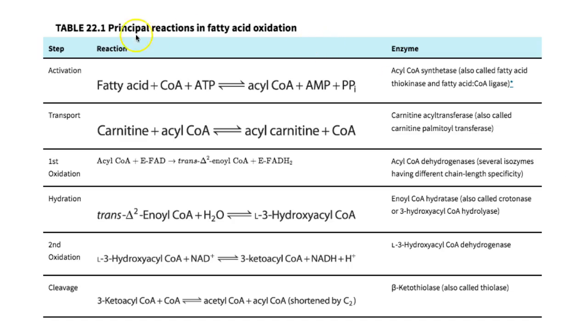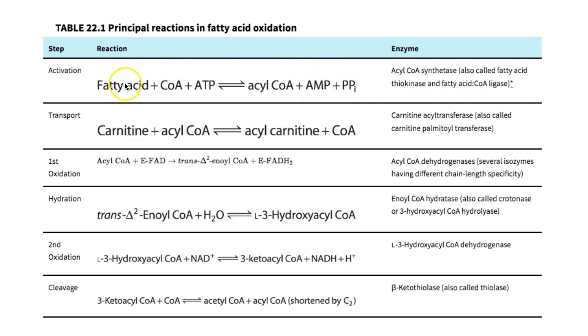And so what we did thus far in the first stage, we talked about the fatty acid being activated by being attached to the coenzyme A, going through a two-step process where the fatty acid is first attached to the ATP, where it is technically AMP and fatty acid that is attached, and you have the pyrophosphate group that is released.